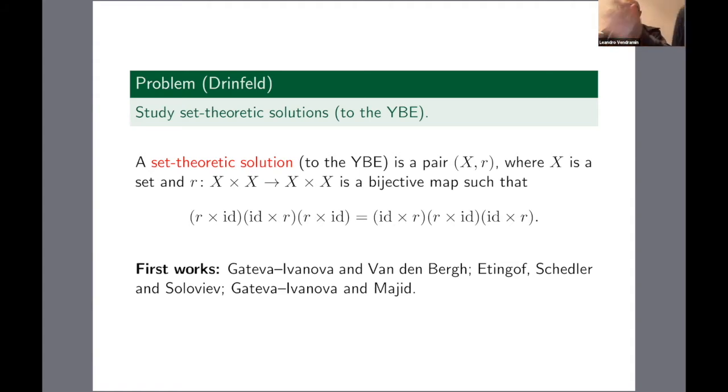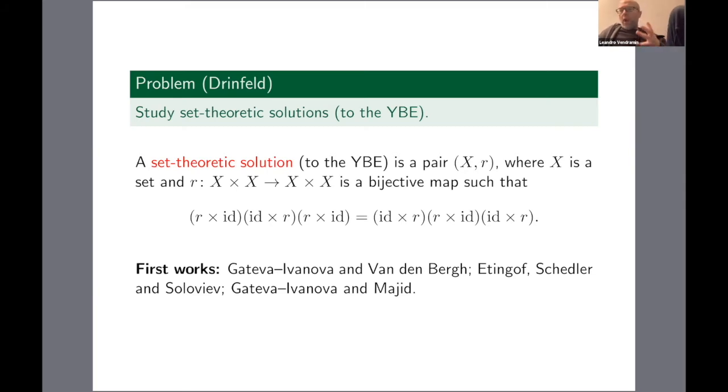For example, Gateva-Ivanova and Van den Bergh used a ring theoretical combinatorial structure known as group of I-type. I think Etingof, Schedler, and Soloviev used group cohomology, in particular bijective 1-cocycles, and Gateva-Ivanova and Majid used a matched pair of groups or matched pair of semigroups or things like that.